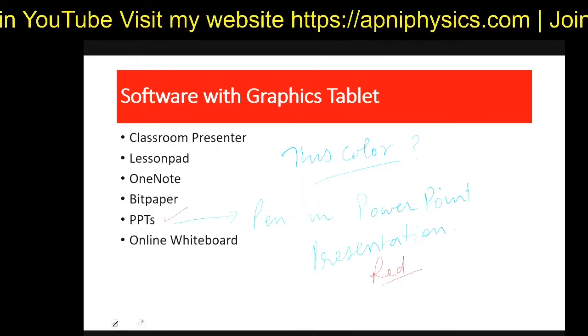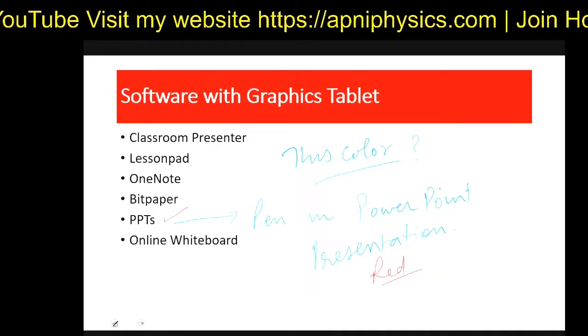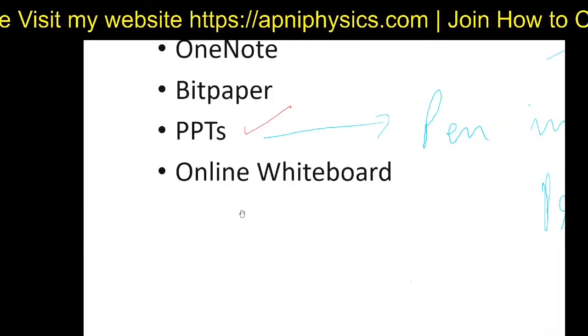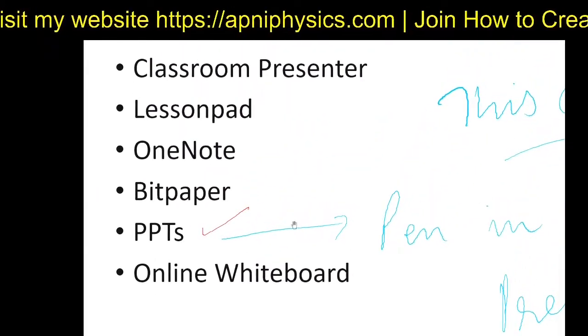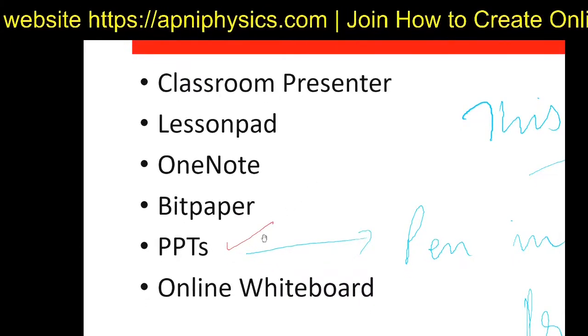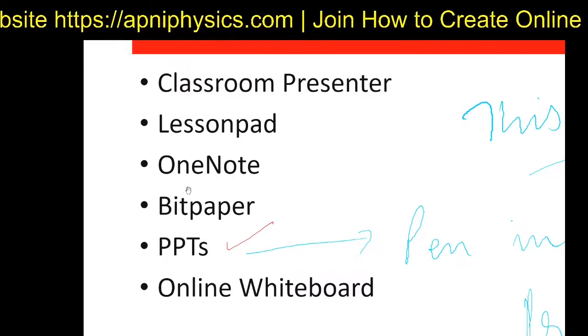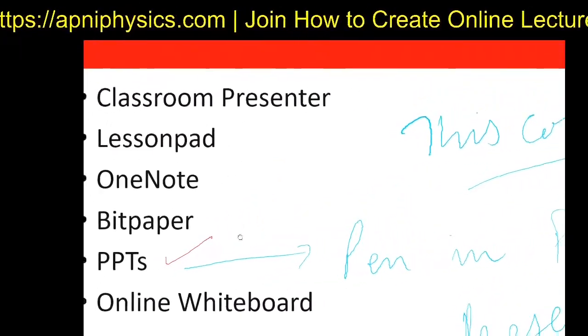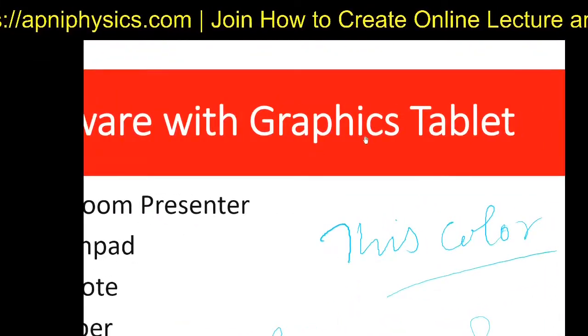I'm using the PowerPoint presentation right now, and here with this mirror you can see that I can move it in a zoom way. I am using zoom here, and you can see that I can displace it here and there and select this particular point.